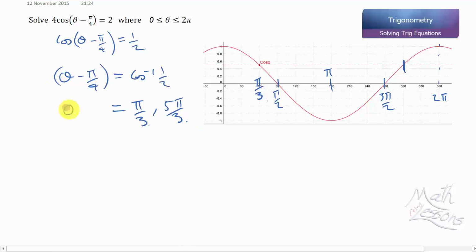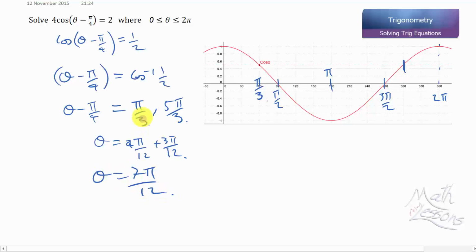And then that is equal to theta minus pi by 4. So theta will equal pi by 3 plus pi by 4. And let's get that into a common denominator. So let's put that as 12ths. So that's going to be 4 pi over 12 plus 3 pi over 12. That will give you 7 pi over 12 for this one.